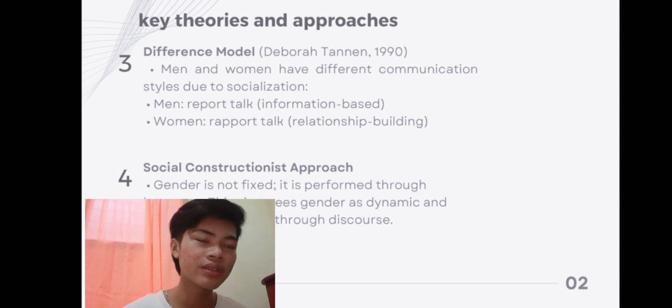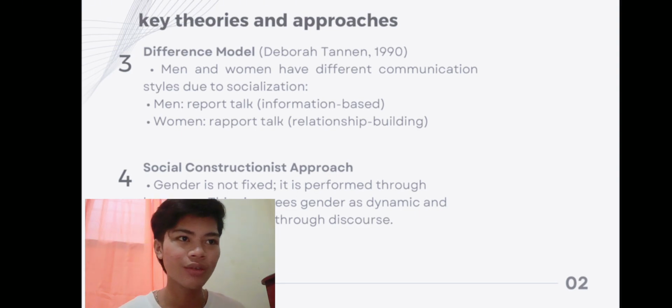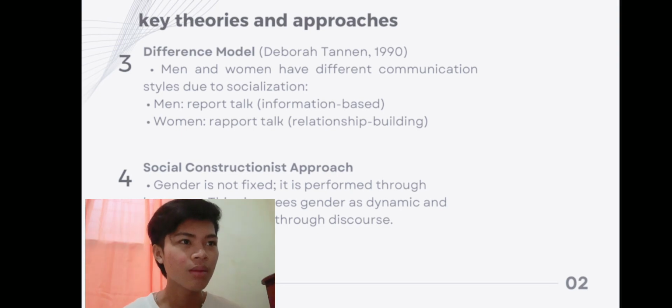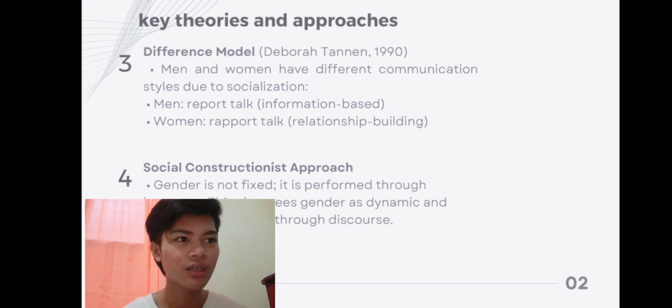Number three, difference model. This view says men and women don't speak differently because of power, but because of how they were raised. Men use report talk, more about facts and status, and women use rapport talk, more about connections, feelings, and emotion.